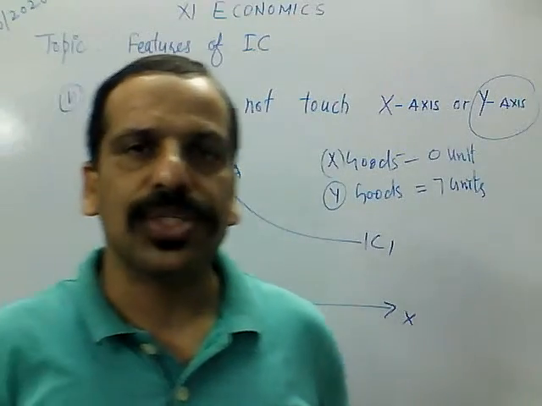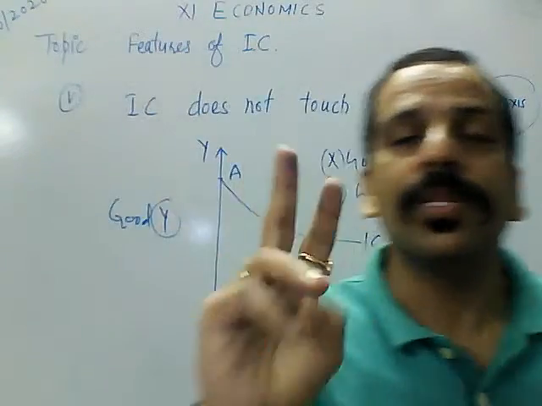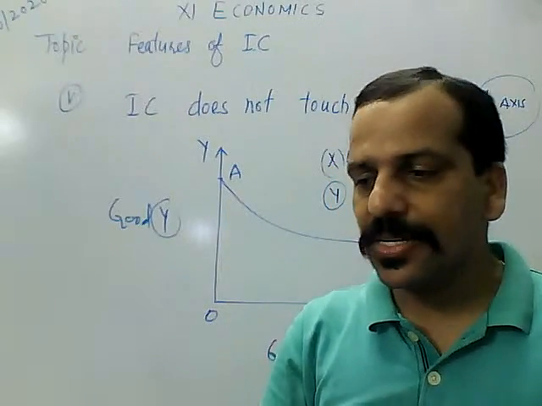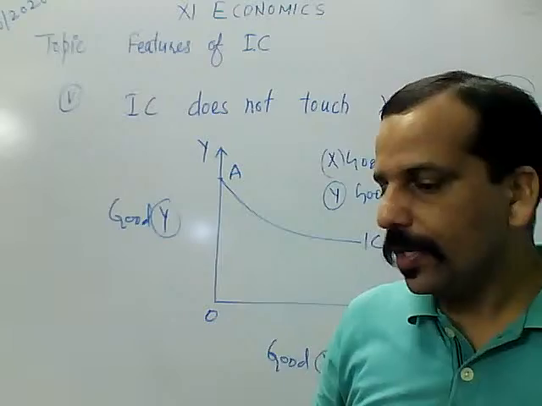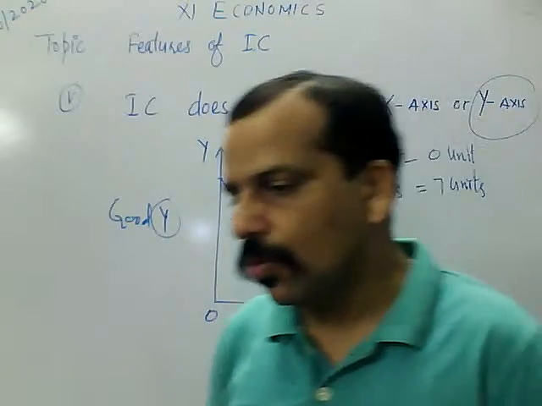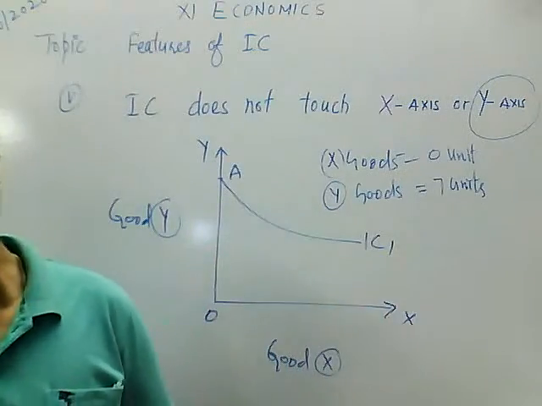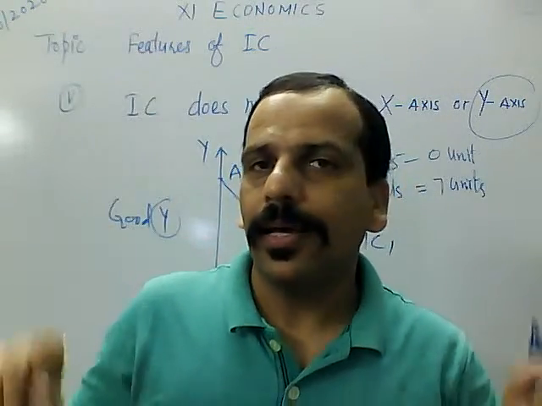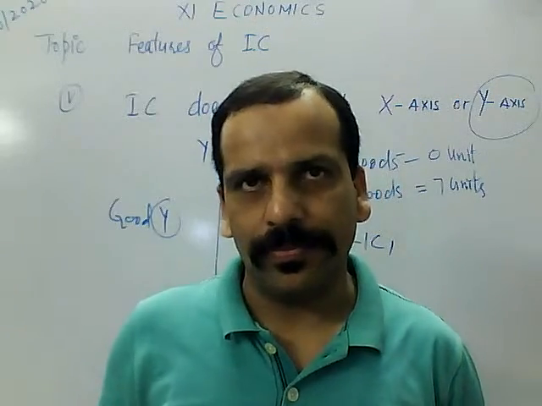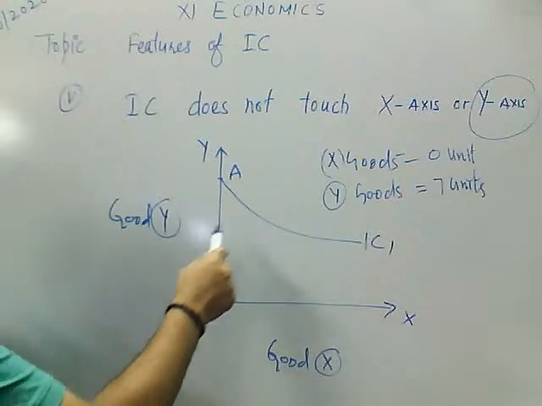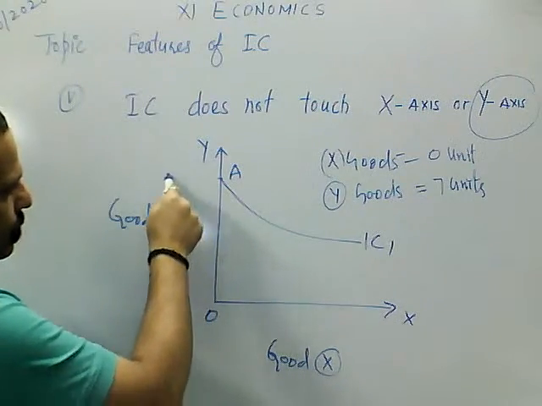It shows the combination of two goods. Means there should be a combination of two goods. At least one commodity should be either x or y, the other may be more. So it violates your definition. Single commodity, so this is not valid.